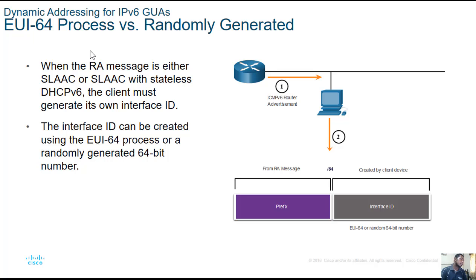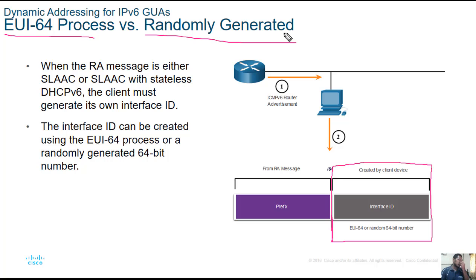So the client will have to look at this part here, this 64 bits, and it will try to generate it. It can use two methods: the EUI-64 process or randomly generating the address. If the interface ID is created using the EUI-64 process, this is generally what happens.